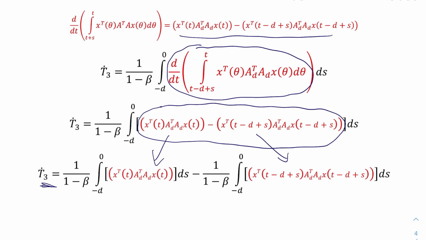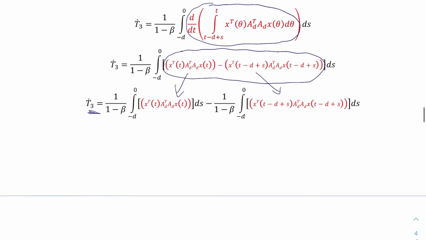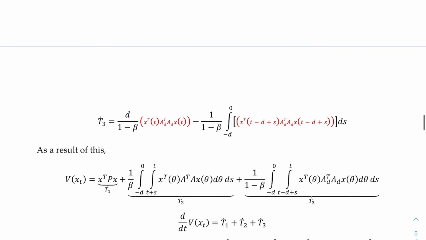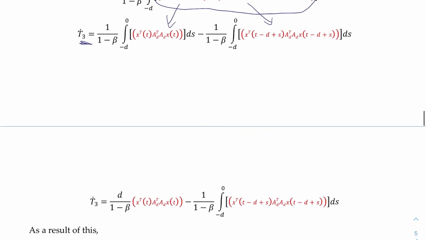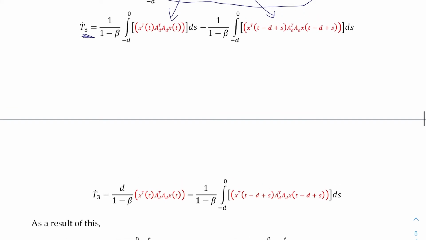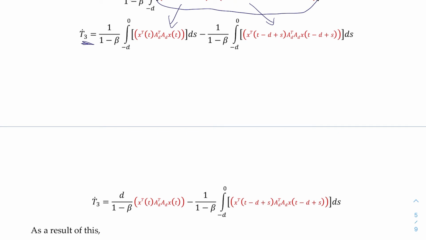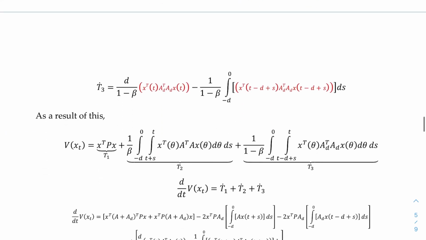Okay, so we have t1, t2, and t3, and we've taken the time derivative of that. I also made things simpler; I simplified that expression.